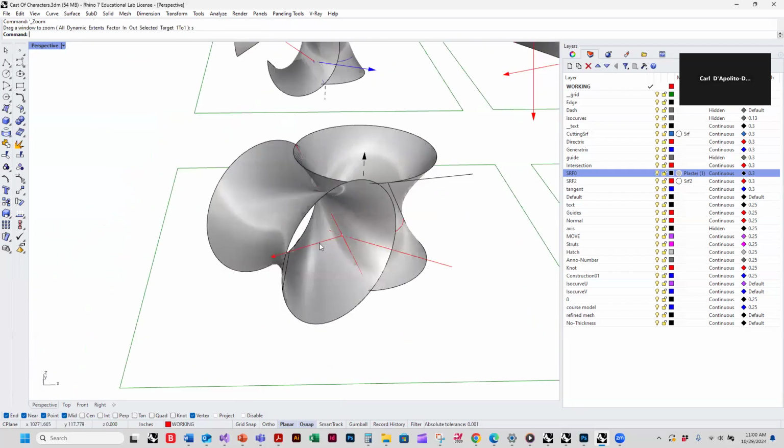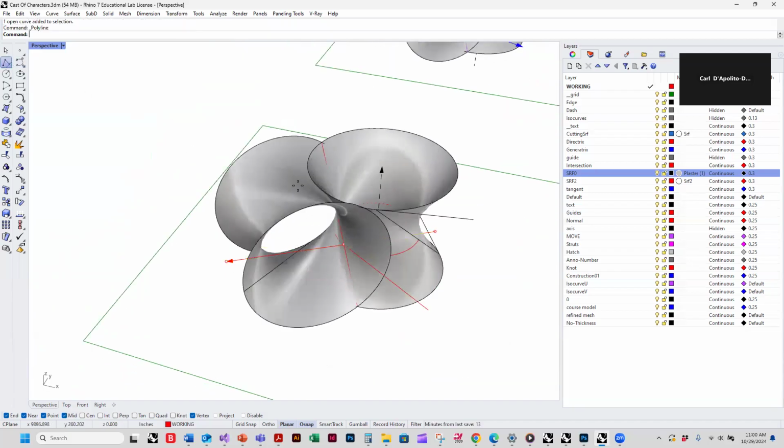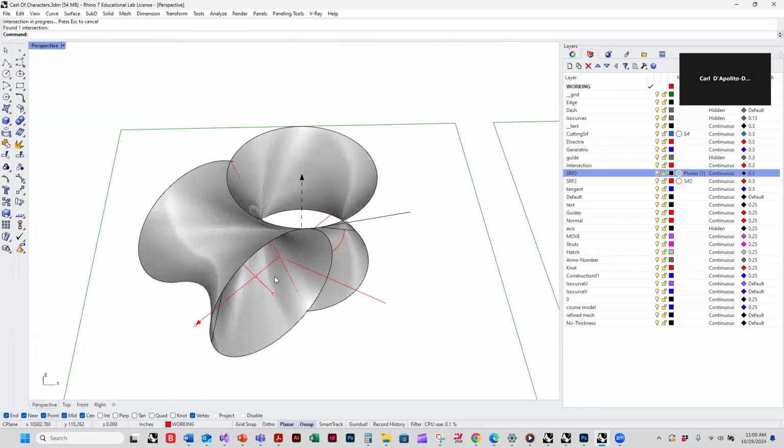And they would share a normal at that point. So if I were to draw this one's axis, you would see that it is passing through that as well.